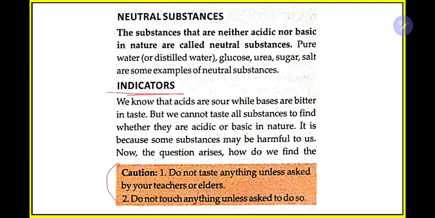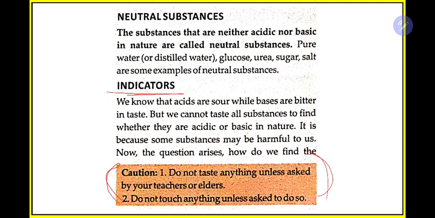This is not new, I am just reminding you. They are giving you a point: do not taste anything unless asked by your teacher or elders. From the very beginning of our childhood, we are taught not to touch or eat anything which is not told by your guardian, parents, teachers or elders, right?